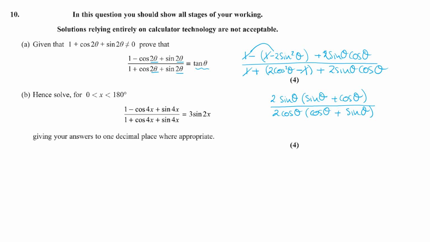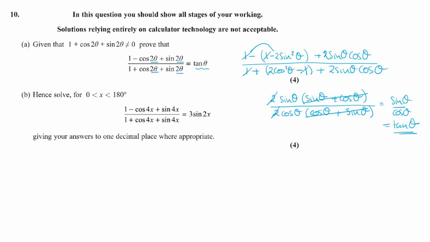And now all of that bracket, because it's times by that common factor on the front, can cancel with all of that because that's the same, and then we can cancel our 2's, and this is equal to sine theta over cos theta, which is equal to tan theta.